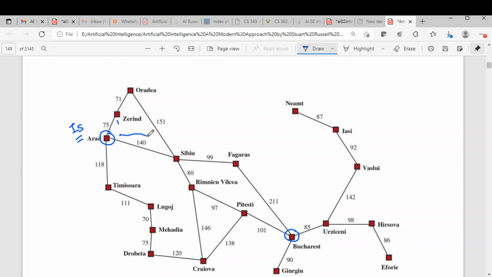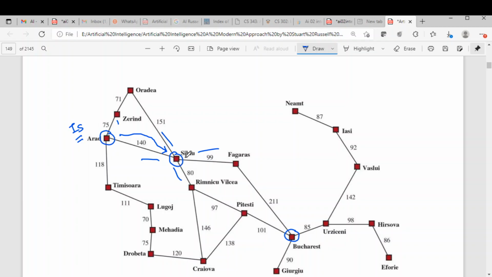At every step it always tries to follow the heuristic path or the best path. Okay, it reached Sibiu. Now from Sibiu there are four possibilities. It can go to Arad, it can go to Oradea, it can go to Rimnicu Vilcea, or it can go to Fagaras.